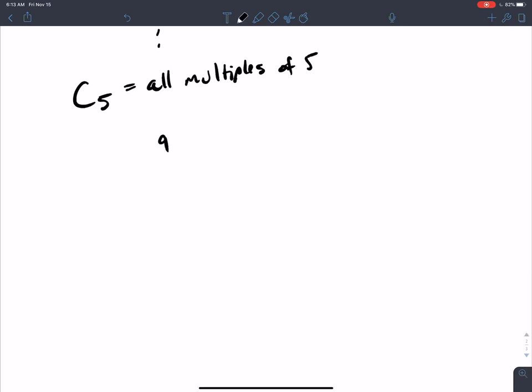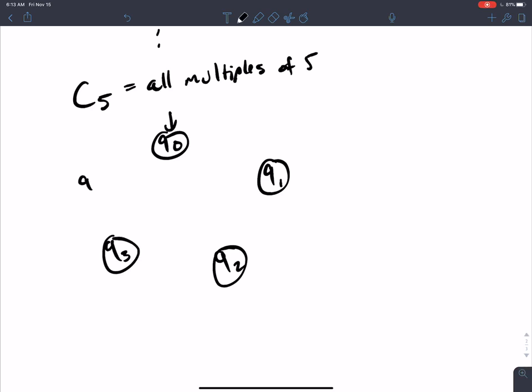So I'm going to have 5 states. Q0 is going to be the start state again. Q1, Q2, Q3, Q4. So let's see. Q0 is, again, going to be the place where we have multiples, and the only start state.